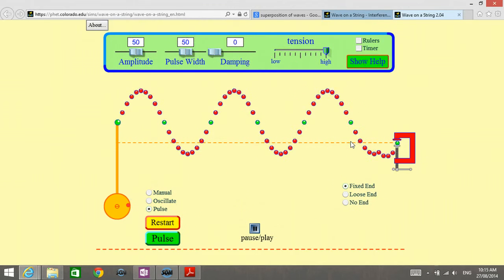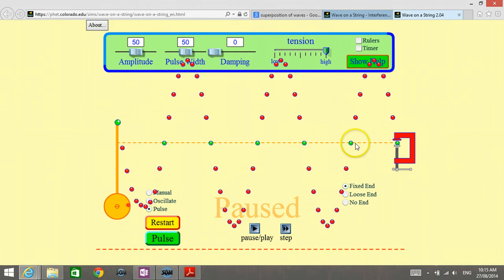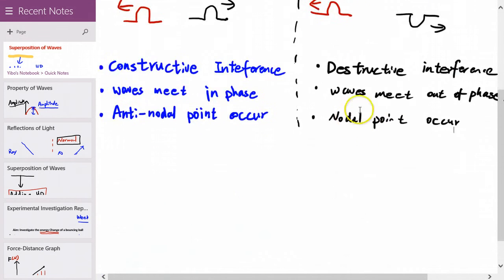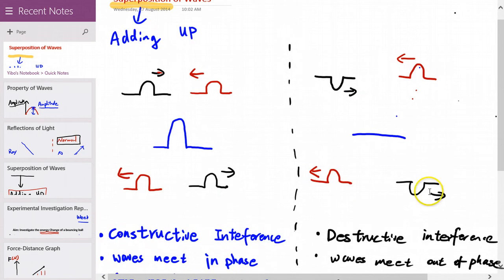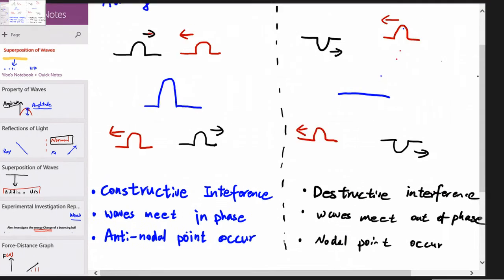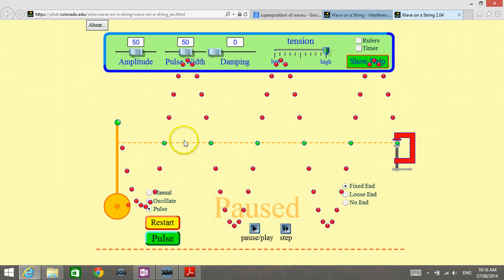So what I can conclude is that at those points, the waves met out of phase. Destructive interference occurs, the waves met out of phase, and we have nodal points there. Again, if I have two speakers on the side, if you're standing on those points, you hear nothing. We call them nodal points.